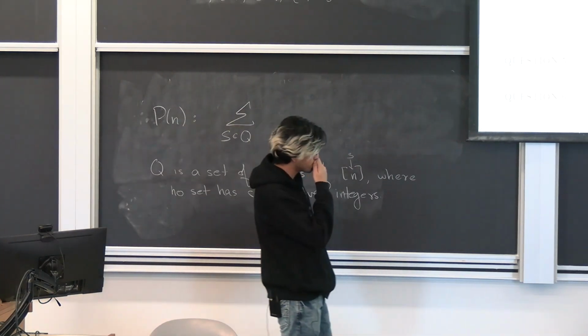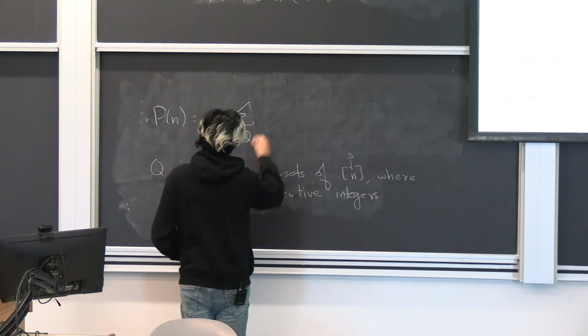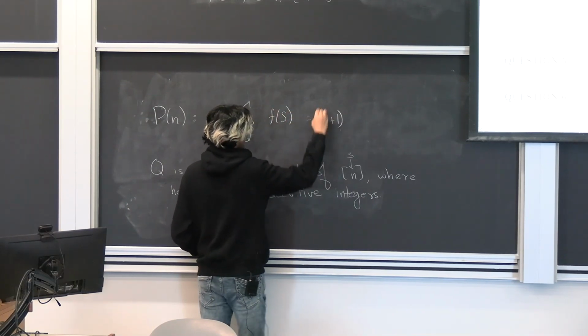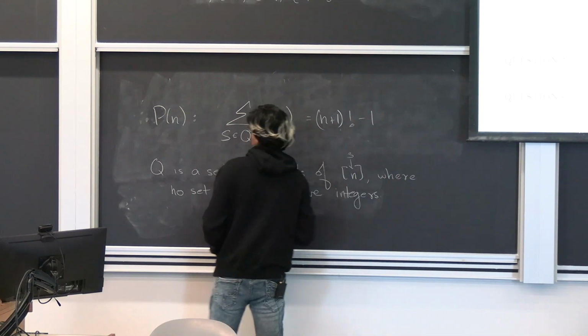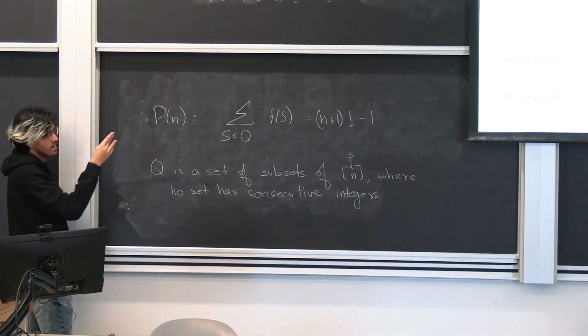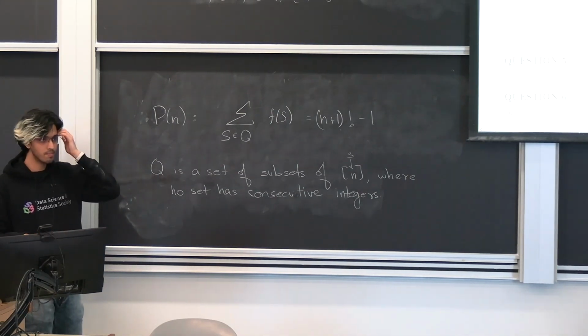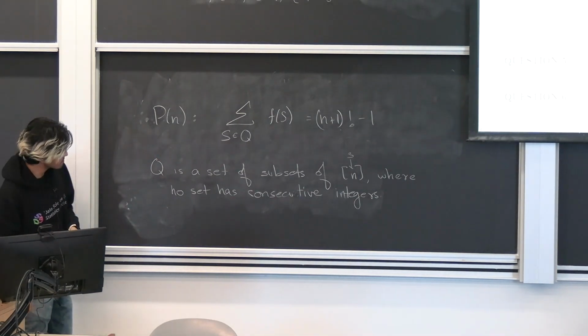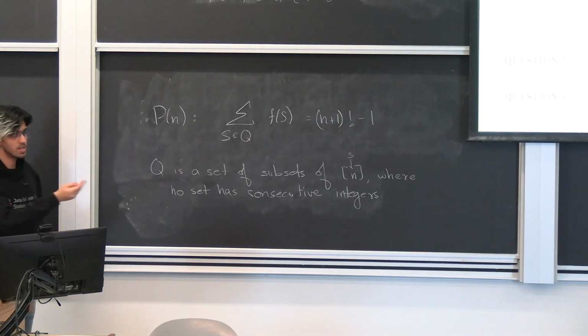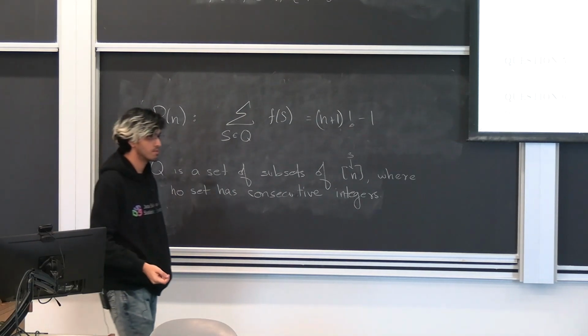So the sum of Fs is equal to (n plus 1) factorial minus 1. And what you want to show is that for all n in the naturals, P of n, the statement is true. So what sort of relationship did you see that you think it's induction?